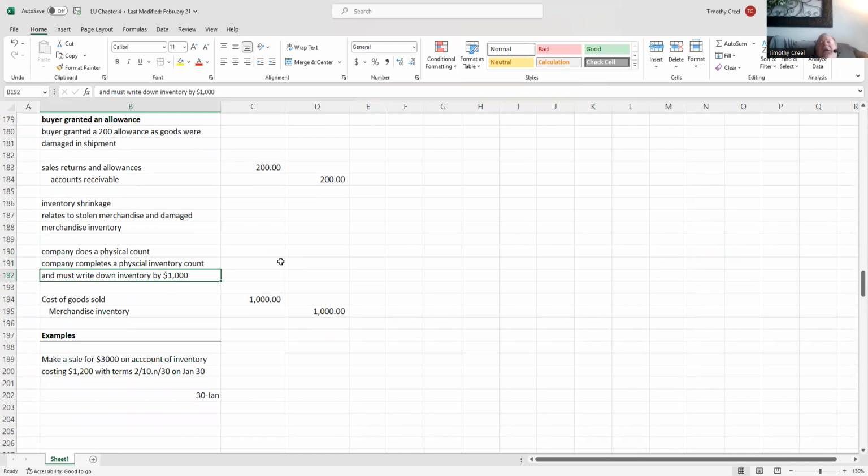A company does a physical count because, think of it this way, all the activity related to inventory happens within the system. New items come in, they're added to the inventory balance in the system. Items are sold, they're taken out of inventory in the system. So all the inventory activity is accounted for within the system.